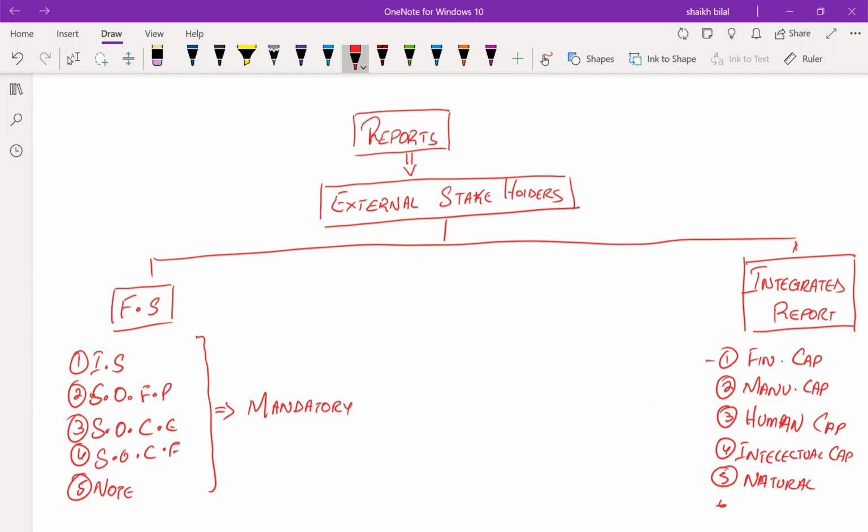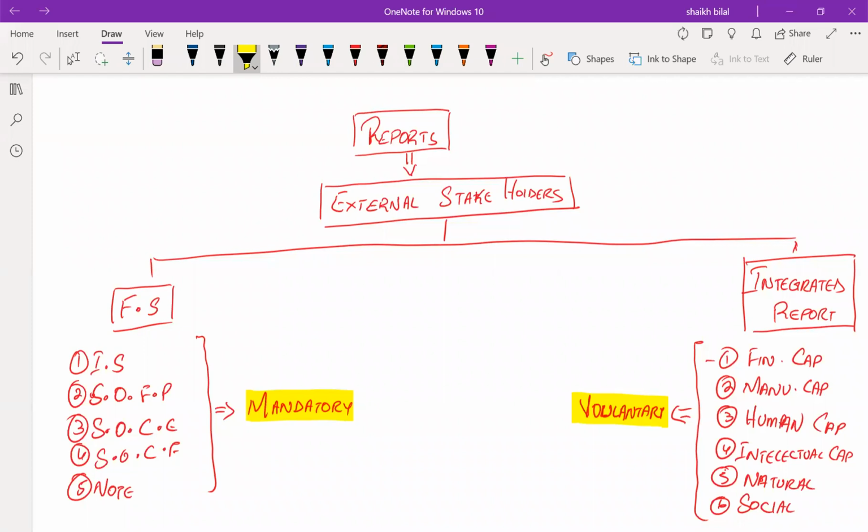Basically, reporting on all these capitals is not mandatory. This is something voluntary. The financial statements are mandatory, however this one is voluntary.